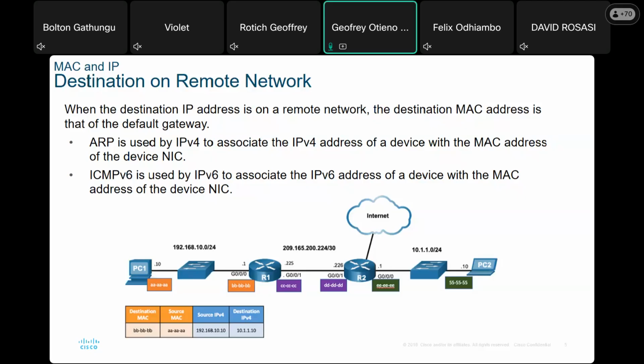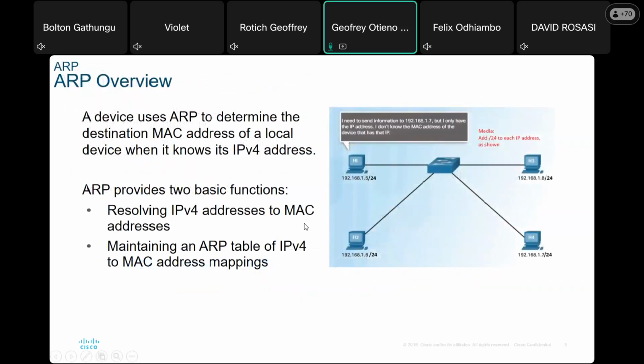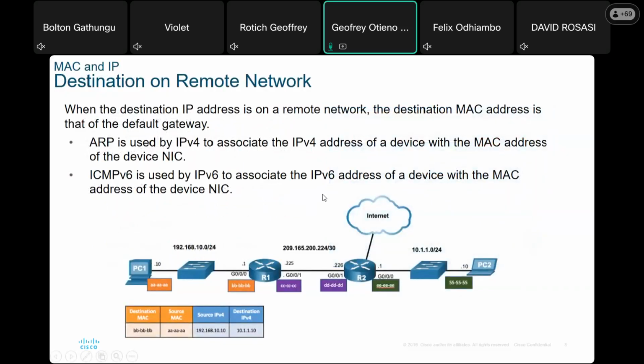The difference between 192.168.10.0 and 209.165.200.224 is that 209 is a public IP address and 192 is a private IP address, though from the same class. That's the main point.